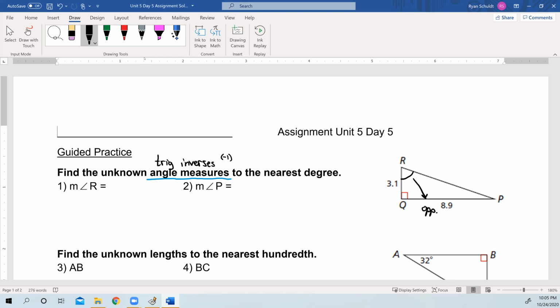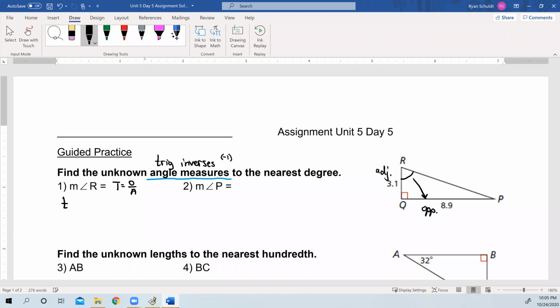This 3.1 right here would be our adjacent side. So which one deals with opposite and adjacent? Tangent. So I need to use the inverse because I want angle measures here.